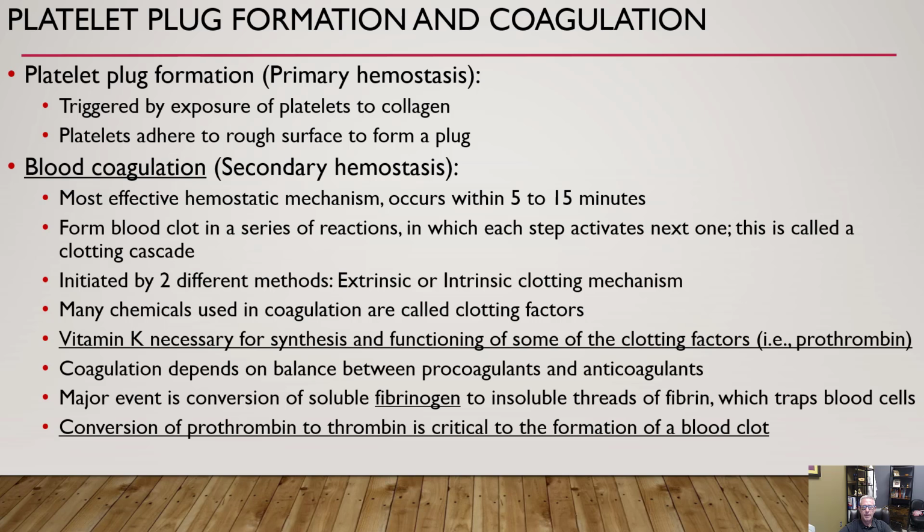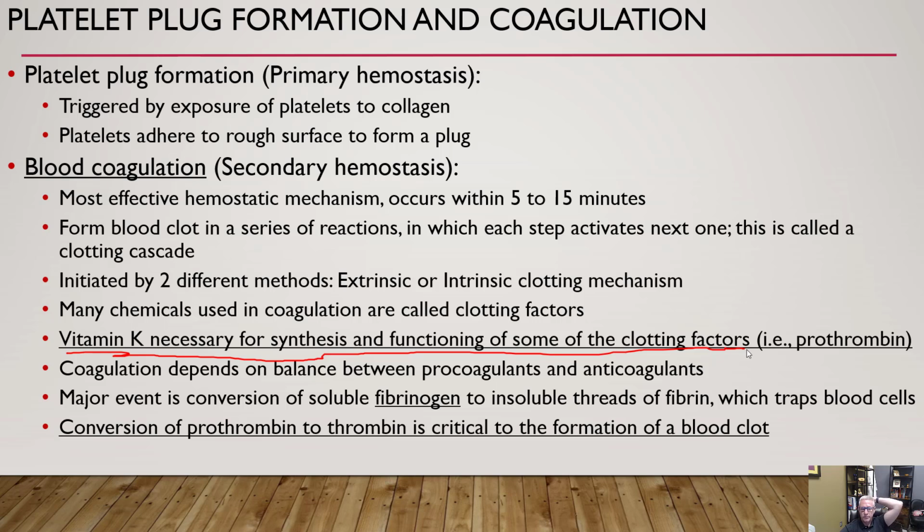And like I said, we have the intrinsic mechanism and the extrinsic mechanism. There are actually 12 different clotting factors that we use. Vitamin K is very necessary. Definitely remember vitamin K is necessary for functioning of clotting factors.